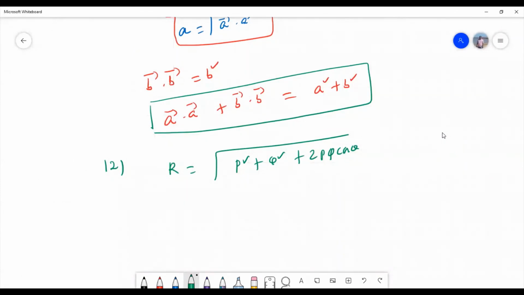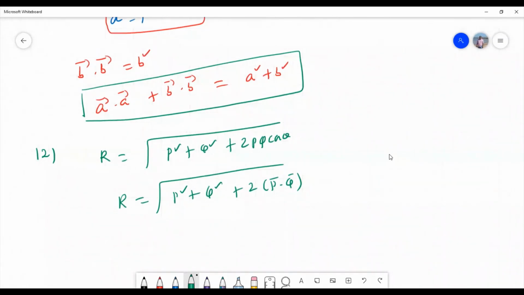So this I can write as R is equal to root of P square plus Q square plus 2 times P bar dot Q bar. So if R bar is equal to P bar plus Q bar, then what is R? We can write like this.